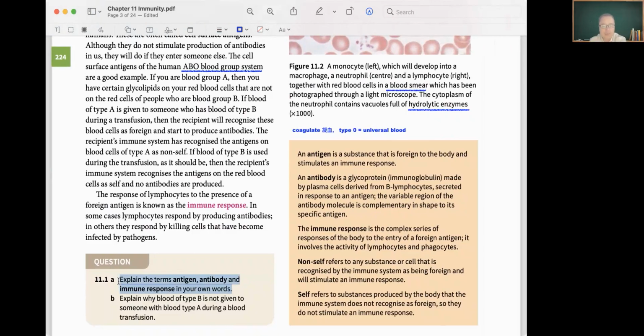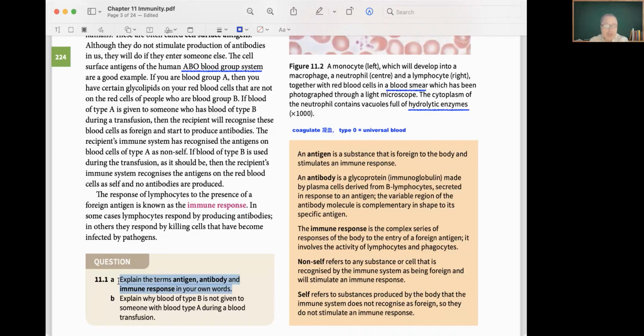So antigen is, I don't know how to explain it. What is antigen? Antigen is like a virus or bacteria that is foreign to the human body or animal body, right?